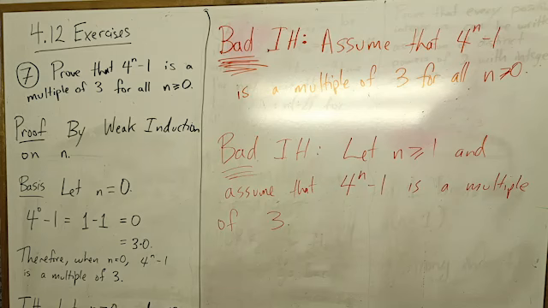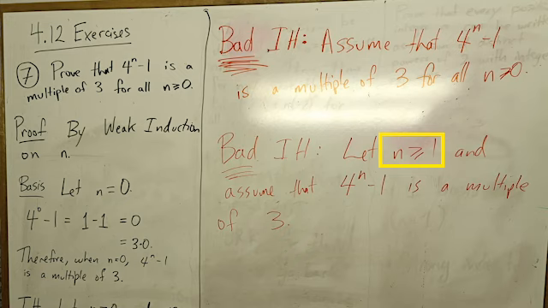Okay, so this second inductive hypothesis does look very similar to the one that I wrote. The only difference is that it's saying that we're assuming 4 to the n minus 1 is a multiple of 3 for some n at least 1. That can't quite work, right?